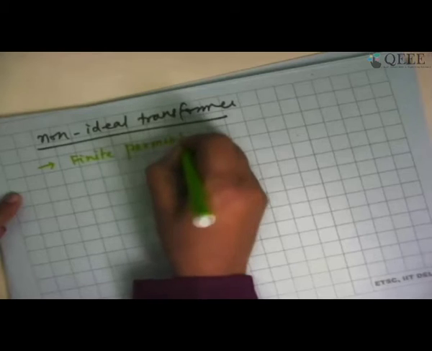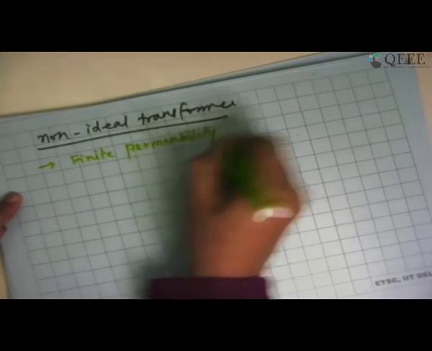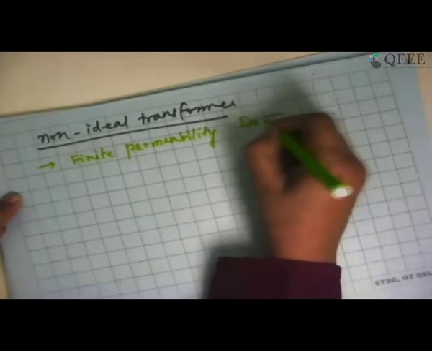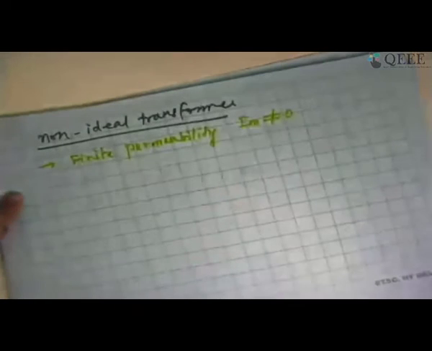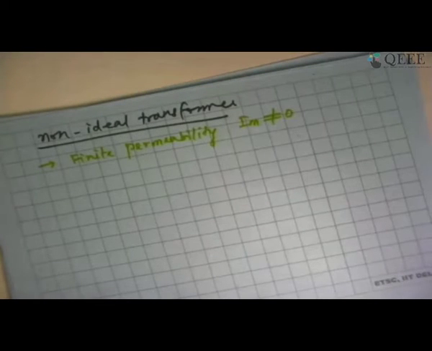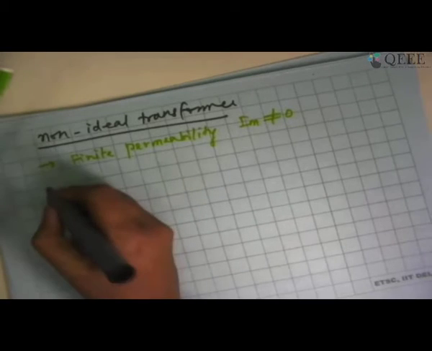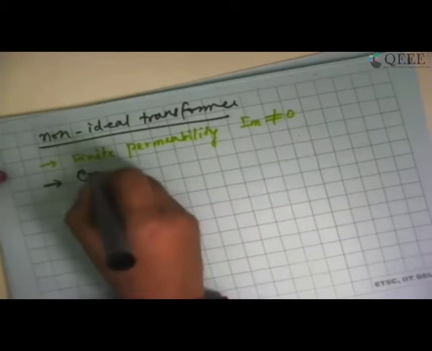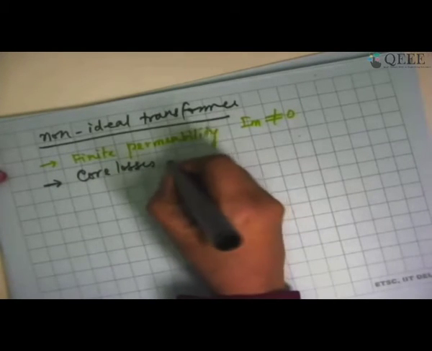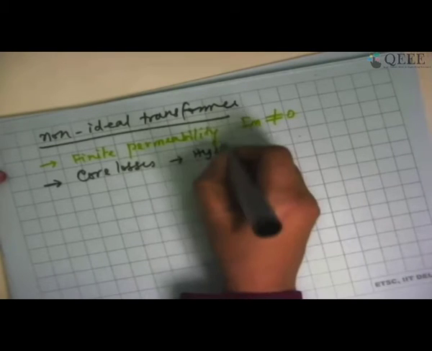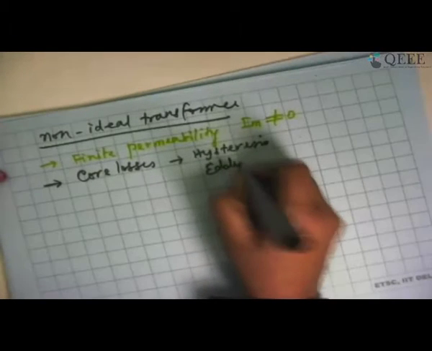So we said that magnetizing current is not equal to zero. It is a finite value. That is the first point we impressed upon. The second point we made last time was that there are core losses. So we are going to have hysteresis and eddy current losses.